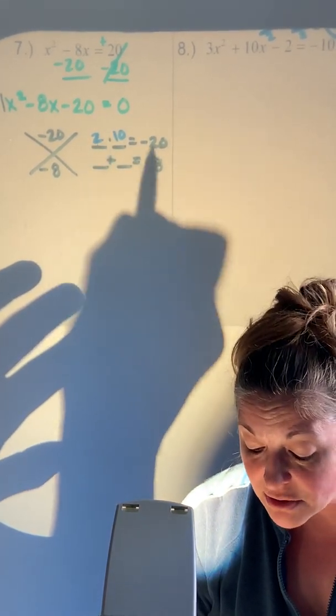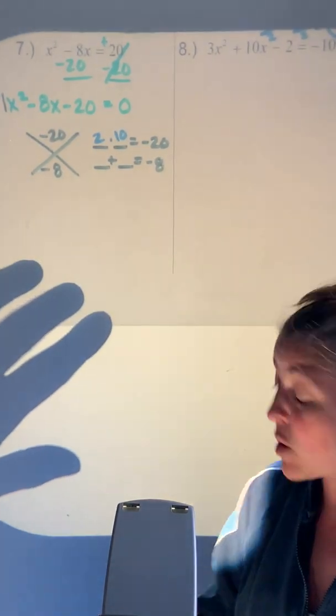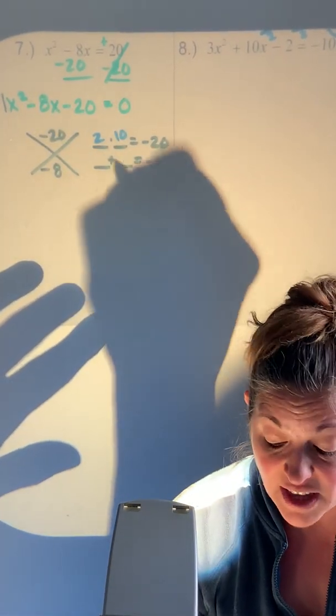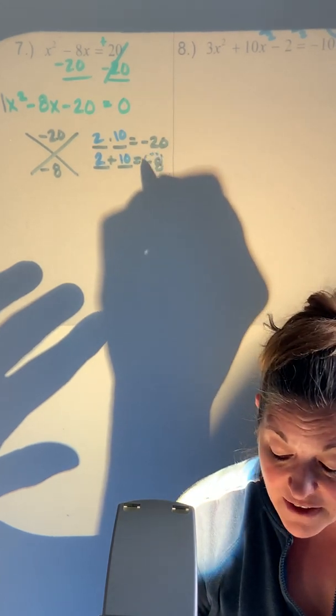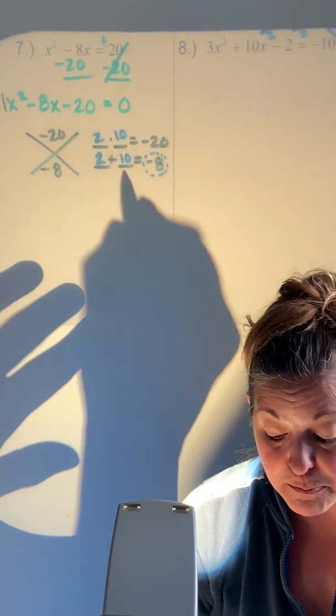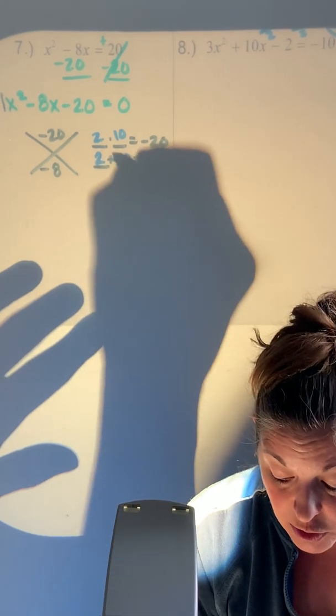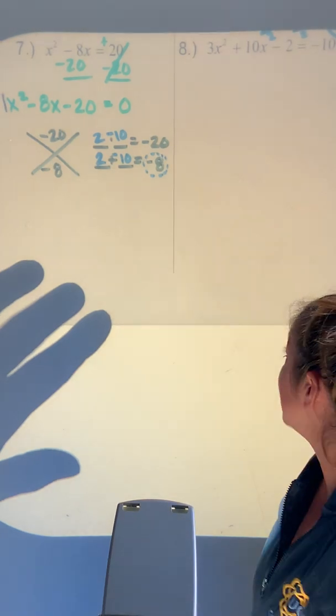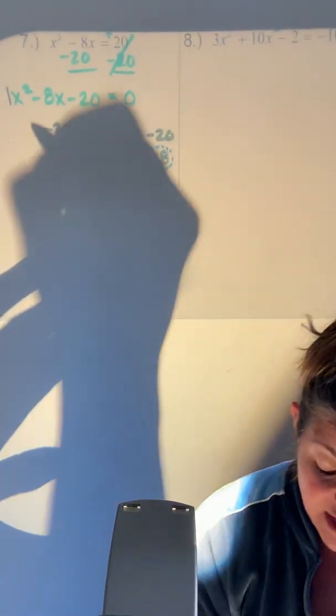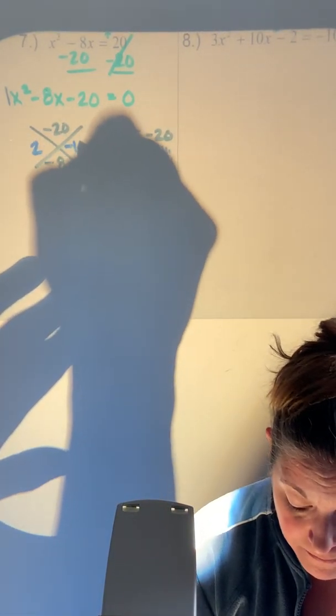So now we've got to mess around and say, well, who should be the -1 to make sure I end up with a -8 when I add them? Well, if we want a -8 at the end, then the bigger of the 2 numbers must also be negative. So it's going to end up being a +2 and a -10 that work.